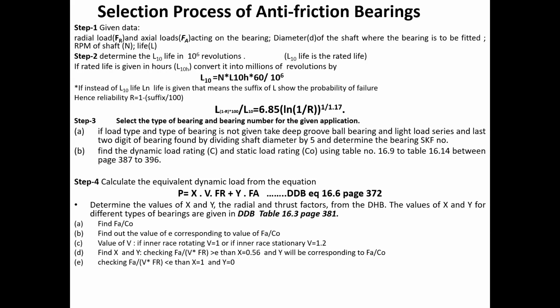These tables are given from table number 16.4 to table number 16.9, between page number 387 and page number 396 in your machine design data book written by Mahadevan and Reddy. I'll show you the table, and how we find the dynamic load capacity and static load capacity of the selected bearing.